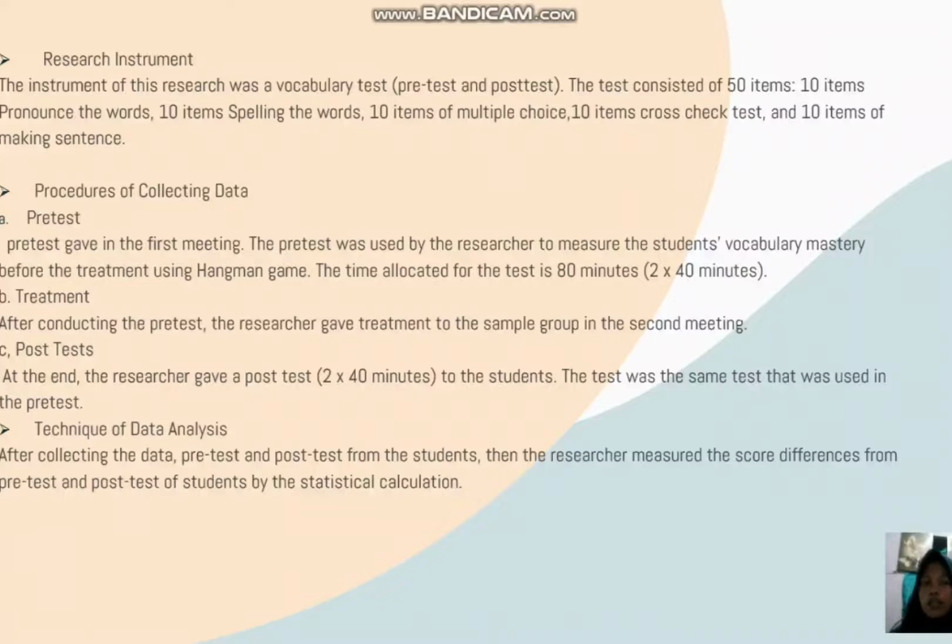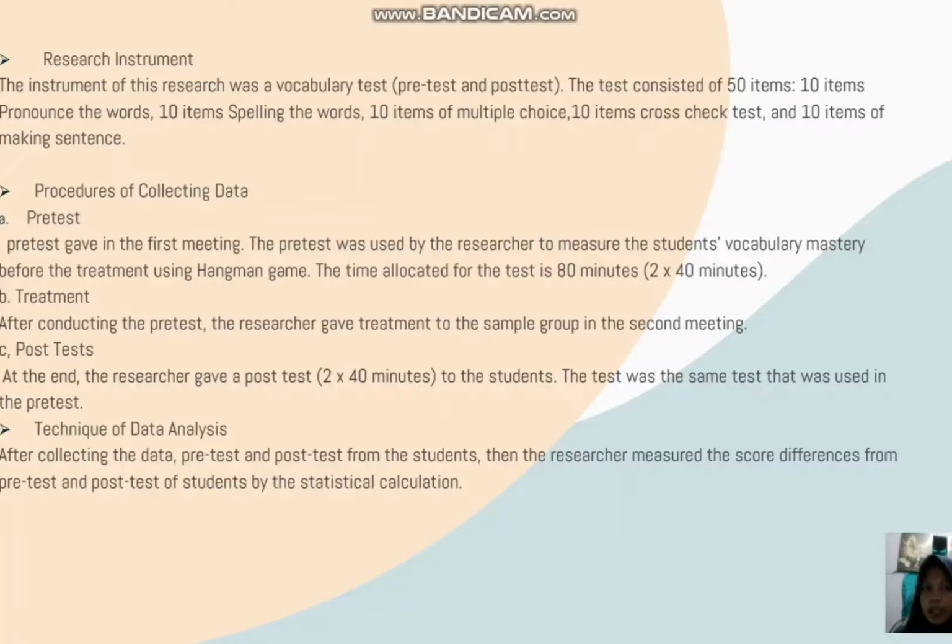Research instrument. The instrument of this research was a vocabulary test, or pretest and posttest. The test consists of items: 10 items of pronouncing the words, 10 items of spelling the words, 10 items of multiple choice, 10 items of crossword test, and 10 items of making sentences. And then the next, procedures of collecting data.